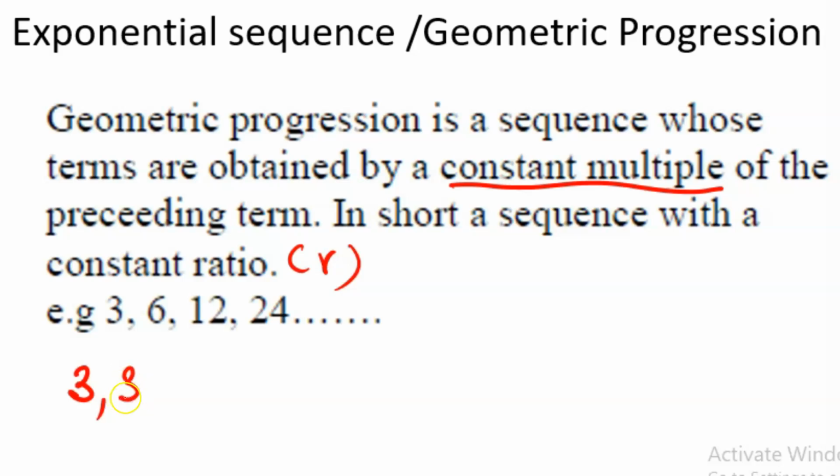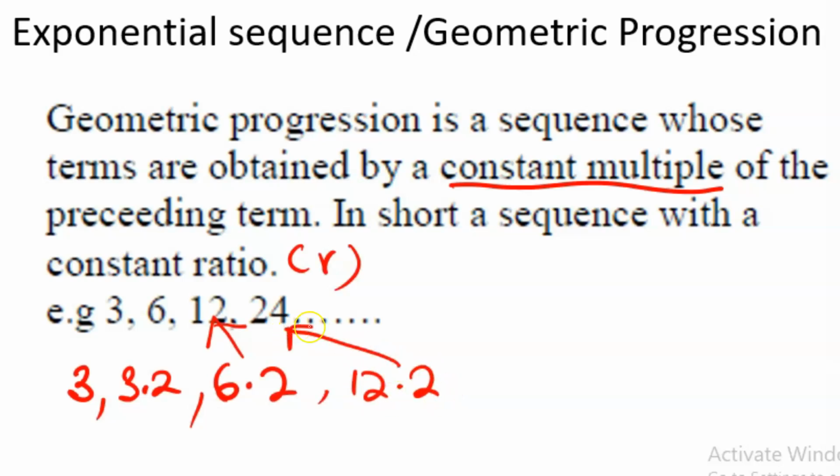Now 3 times 2 is 6. 6 times 2 is 12, and the last one, 12 times 2, gives us 24. So the constant multiple in this example is 2. So we can say that the common ratio is 2.